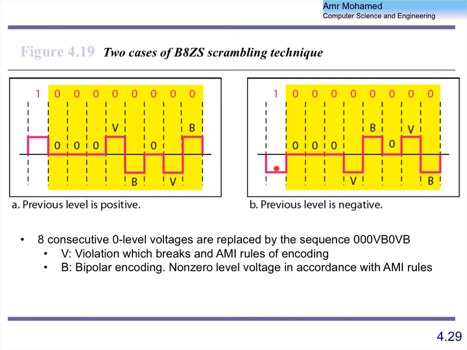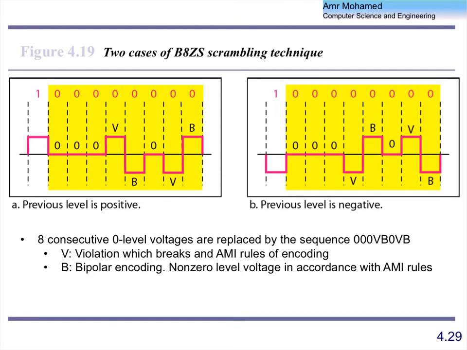So here, for this case, if the previous one was negative, the violate will also be negative. Okay? So this violate tries again to say that I'm violating on purpose because this is actually scrambling. It's not the proper line coding rules. The second violate, it depends on which.